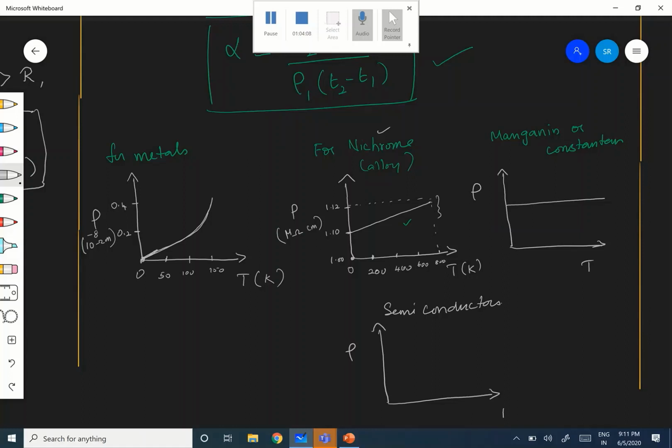Rho versus temperature, there is an exponential decrease. Therefore, there is an exponential decrease in the resistivity in the case of a semiconductor.